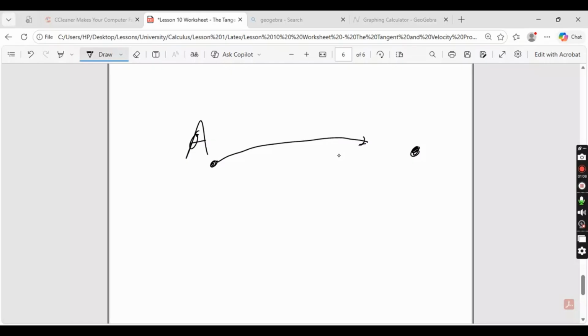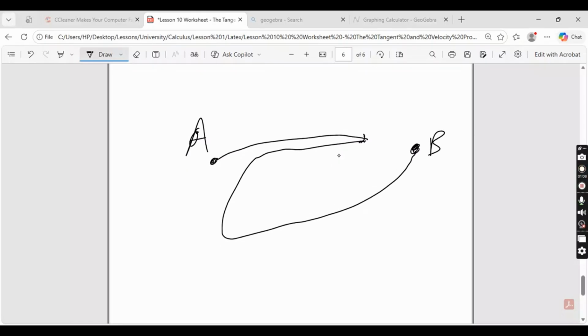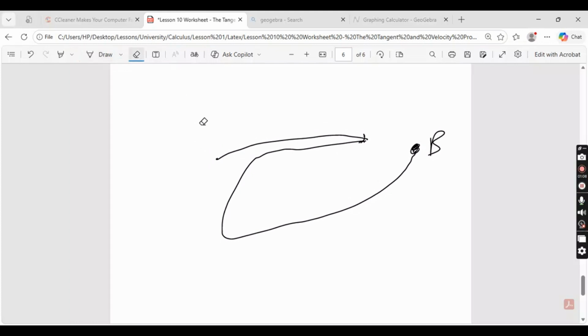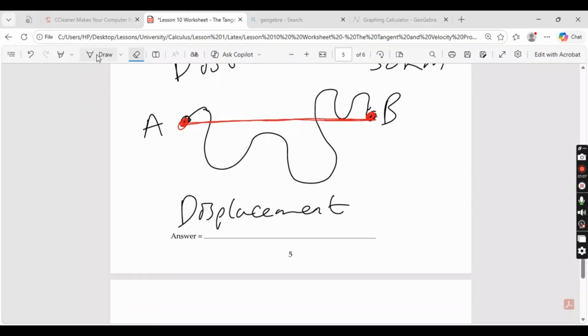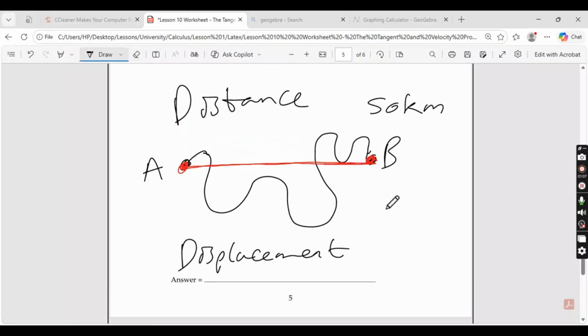Then you go back and find the other route, then you go to B. We would calculate all of that with distance, but displacement is just in a straight line. In physics, displacement is denoted by the letter s, and distance would be denoted, I think, by the small letter d.